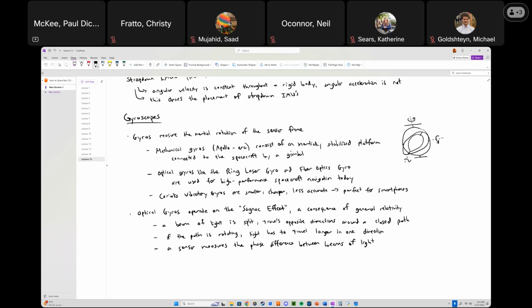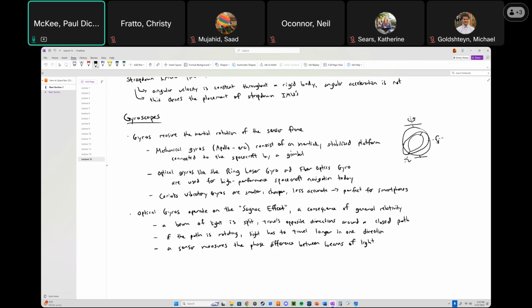So if that makes sense, you have a ring, you shine light around that ring forwards and backwards, and ordinarily it should take the same amount of time for the light that took the right path to get back to some sensor as it would take the beam on the left path to come back to that sensor, right? So the path is of the same size, that sort of thing.